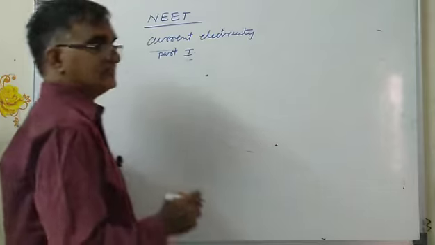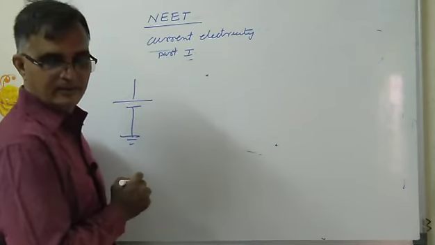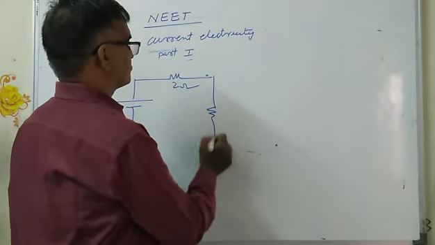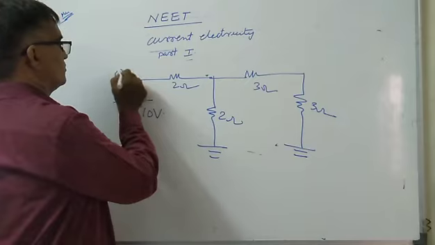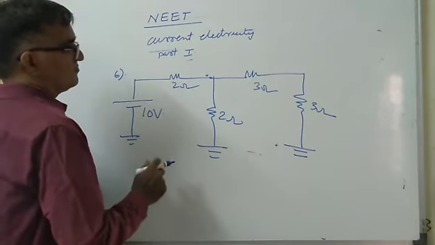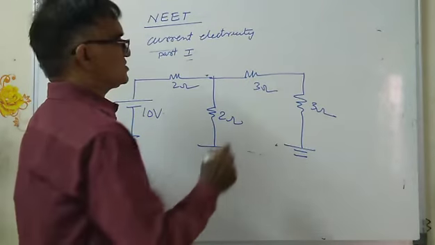Now here in this there is a 10 volts source, grounded, here 2 ohms, here also 2 ohms. Like this we have. Now we need to find the current passing through the 3 ohm resistor.